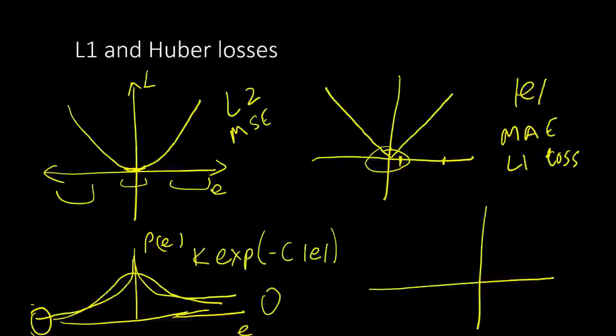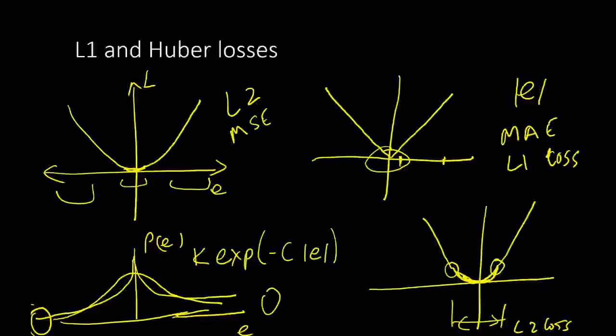The compromise is that there is a small region in which we use L2 loss, and outside of that we use L1 loss with a smooth connection. You can easily work out what the smooth connection is.